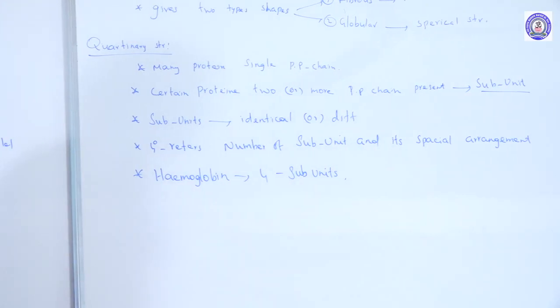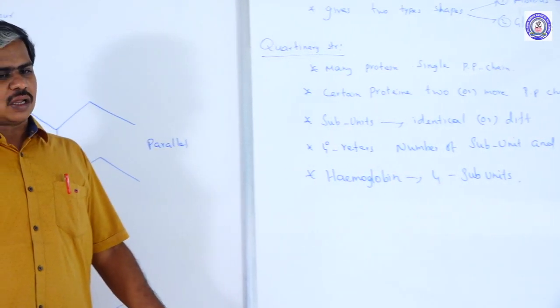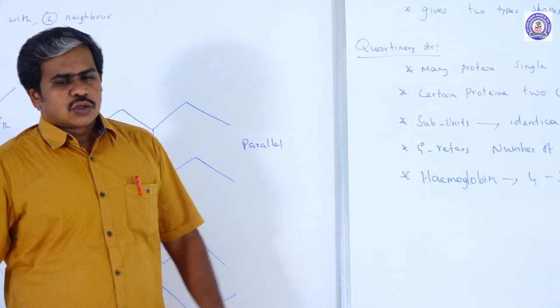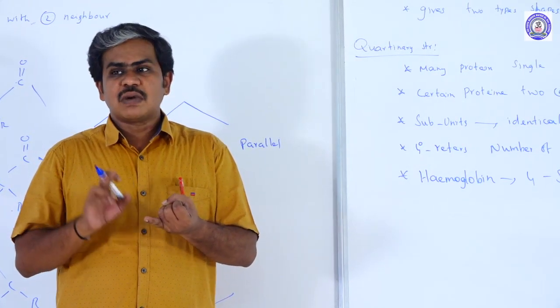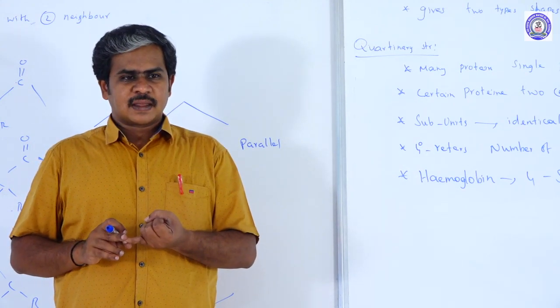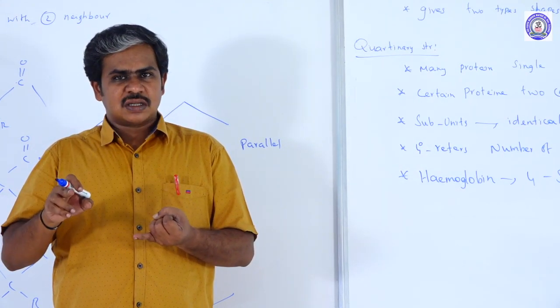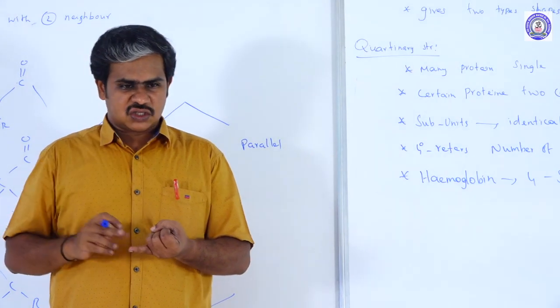So this is the primary, secondary, tertiary and quaternary structure. Structure of protein: first, the primary structure represents the sequence of amino acids, and if the sequence is changed, then the biological function is changed.